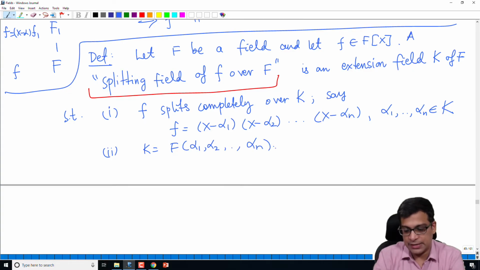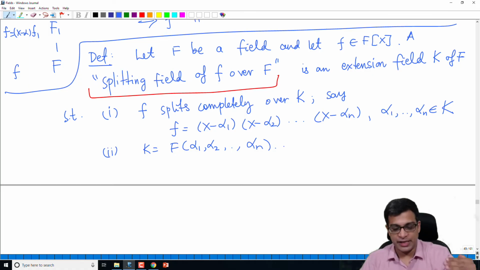It should not have any unnecessary elements. Okay, so it is exactly the splitting field.